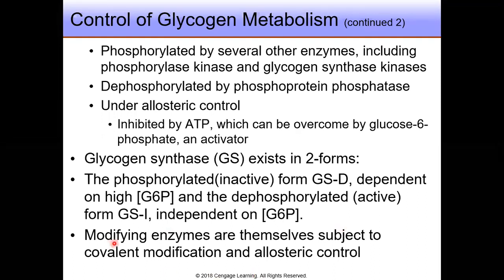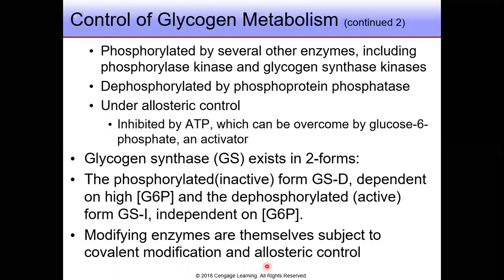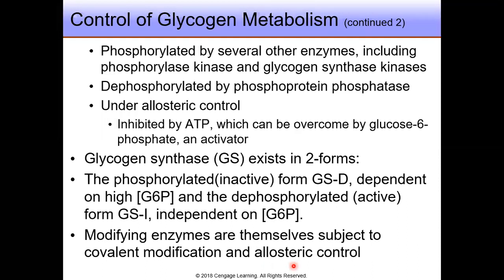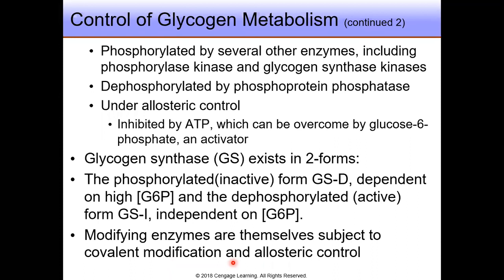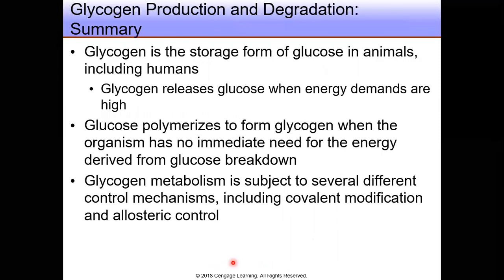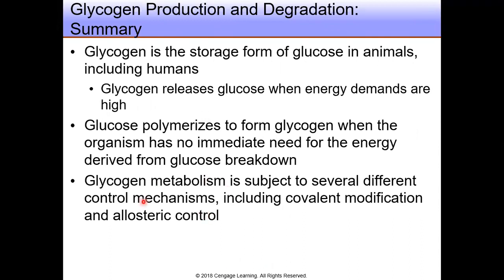Finally, modifying enzymes are themselves subject to covalent modification and allosteric control, and this is an advantage to the organism. Now, this is the summary of this section. You can read the summary by yourself.